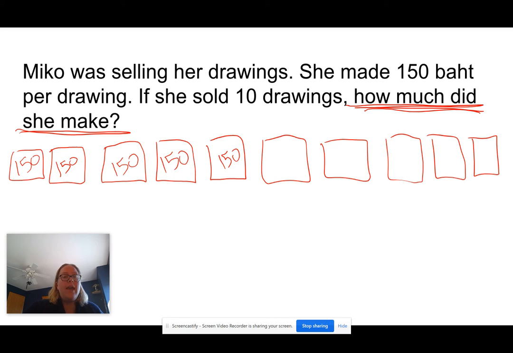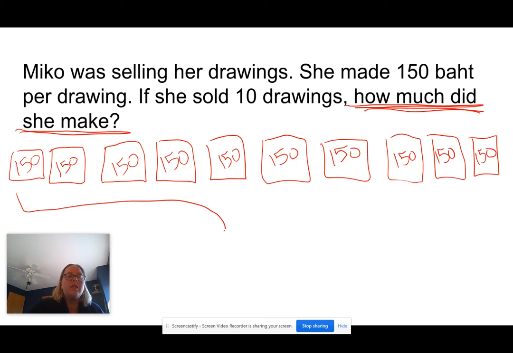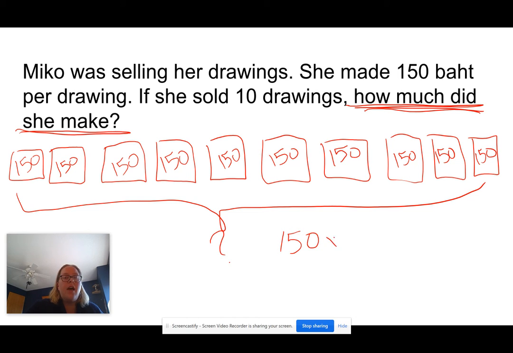What do I have to do to find out how much she made total? You're right. My question mark goes like this. I want to find out the total, so I can go 150 times 10 because I need this question mark. 150 times 10 is how much?